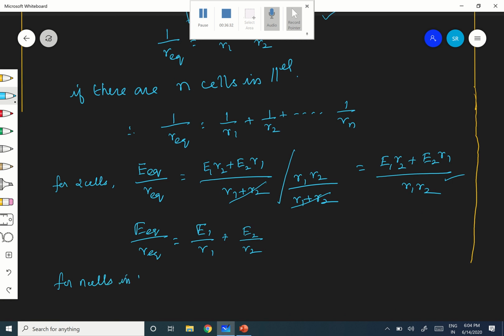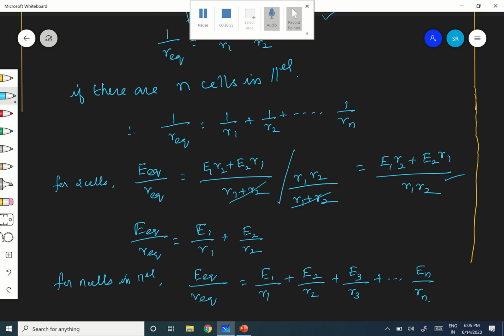in parallel only, everything we are seeing only parallel, no? E equivalent divided by R equivalent is equal to E1 by R1 plus E2 by R2 plus E3 by R3 plus etc. En by Rn.